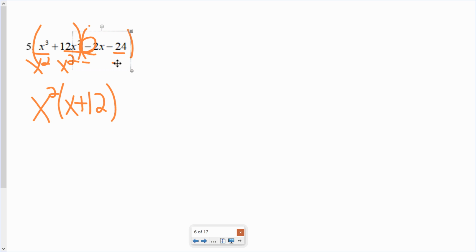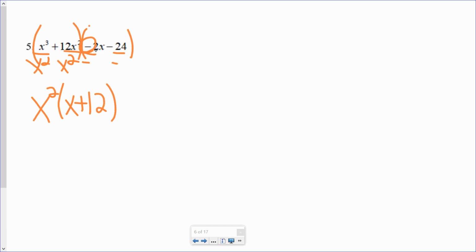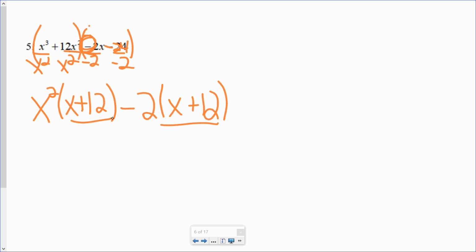So I'm not just taking a 2 out, I'm taking a negative 2 out. So if the middle sign is minus, we have to take a negative out of the second group. Negative 24 divided by negative 2 is positive 12. And notice that these like terms match.